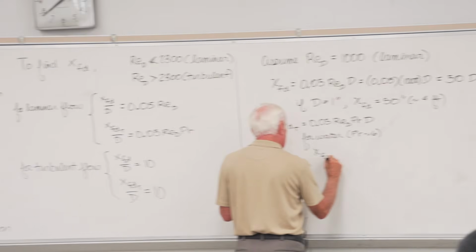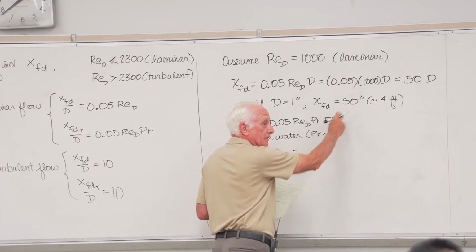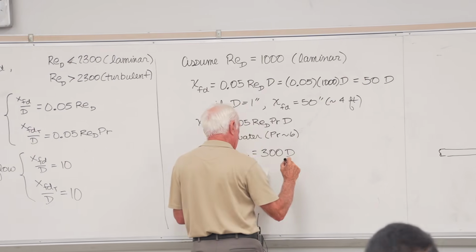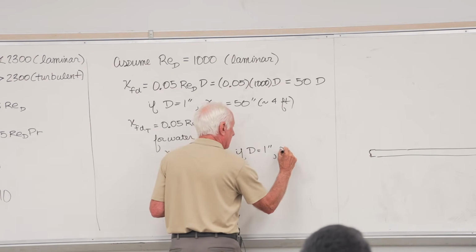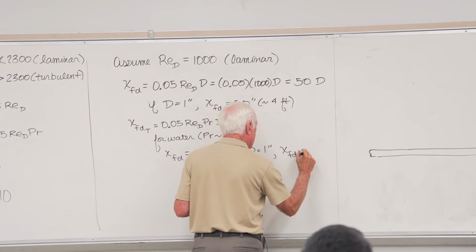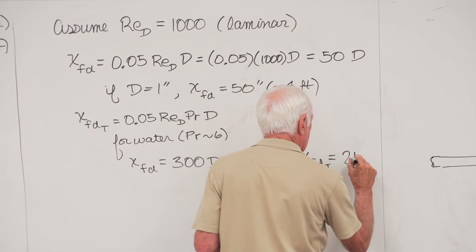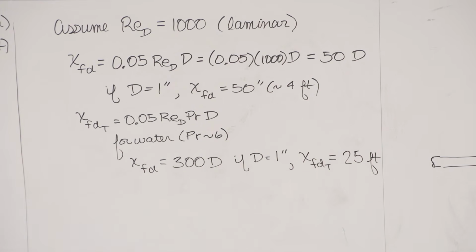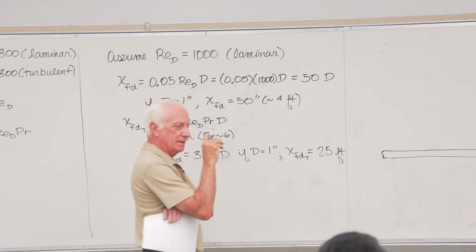So X fully developed for water is 6 times 50 is 300 D. If D equal 1 inch, X fully developed temperature is equal to 300 inches, which is about 25 feet. So water in a 1 inch tube, laminar flow at 1,000, it would take 25 feet of a 1 inch tube before the boundary layers developed to meet at the center line.